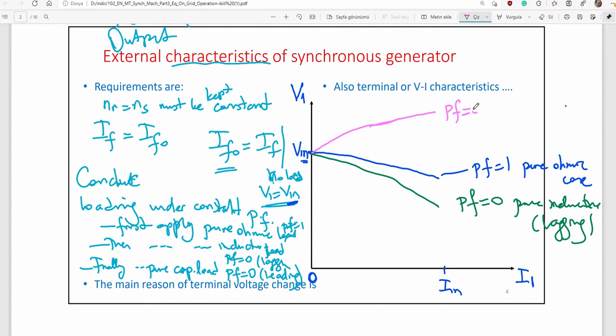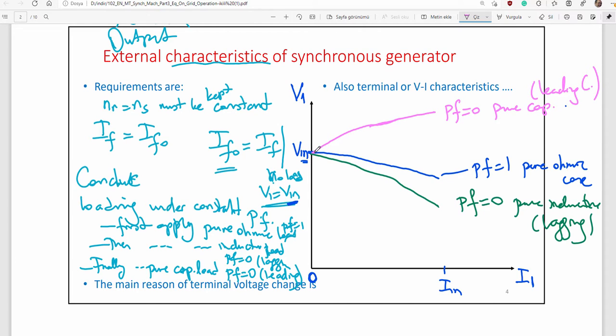Power factor is 0, pure capacitive or leading current load. Of course, as you see, there are infinite number of choices.